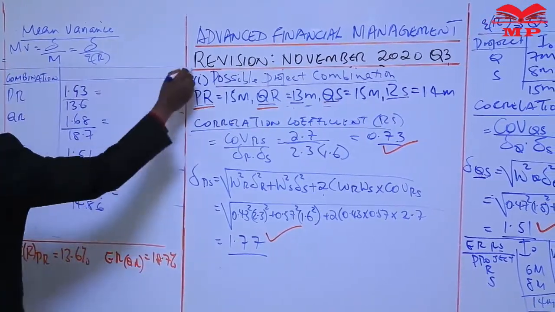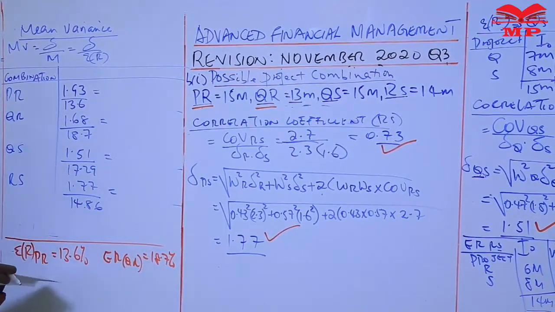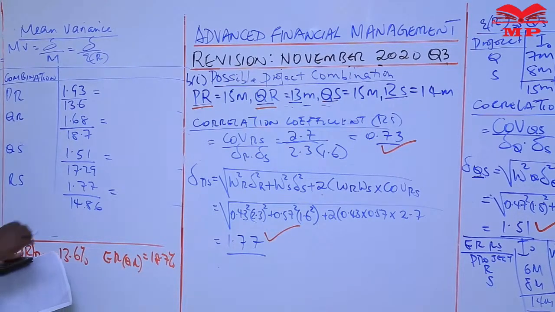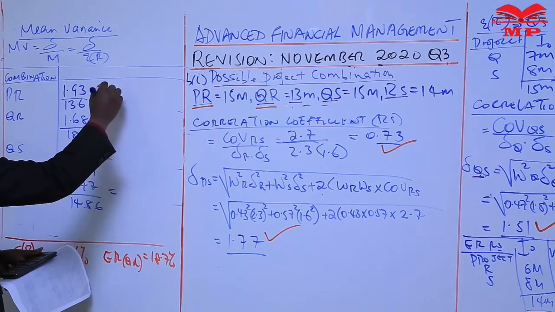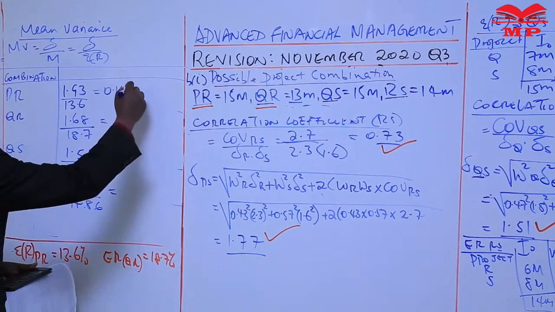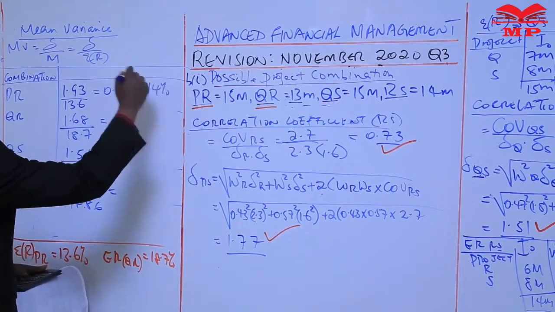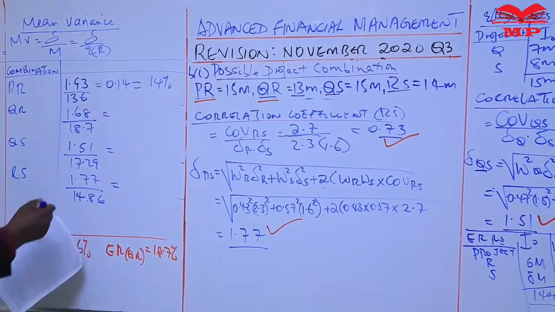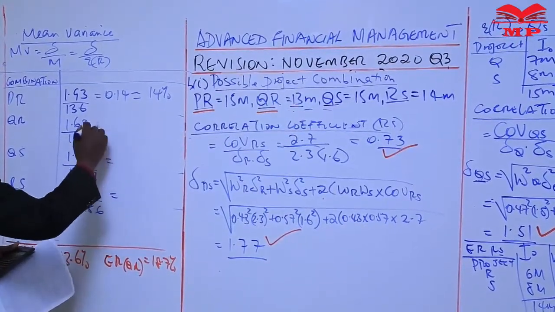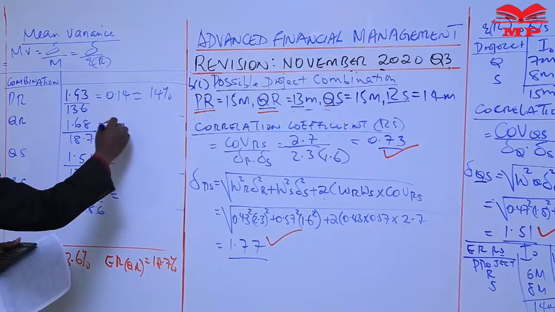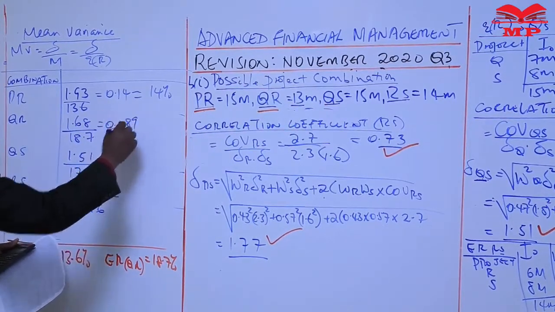And the mean variances. So beginning with PR, 1.93 divided by 13.6 is equal to 0.14. When converted into percentage, this is 14%. Next is QR, this is 0.089.